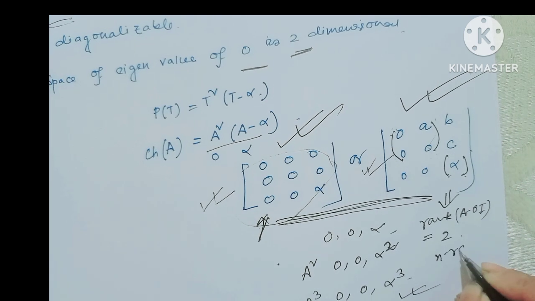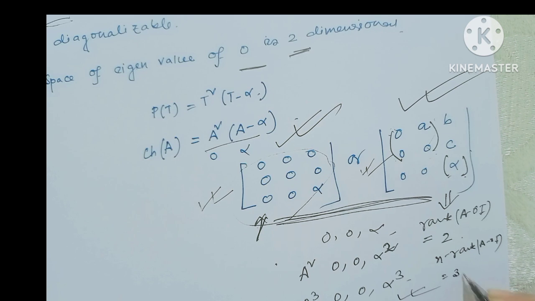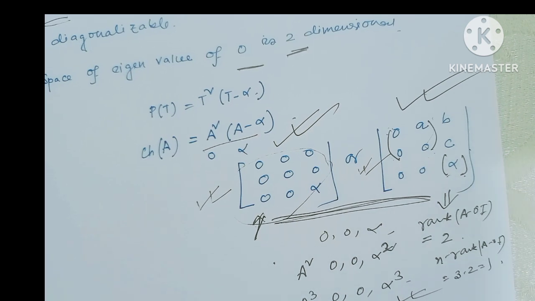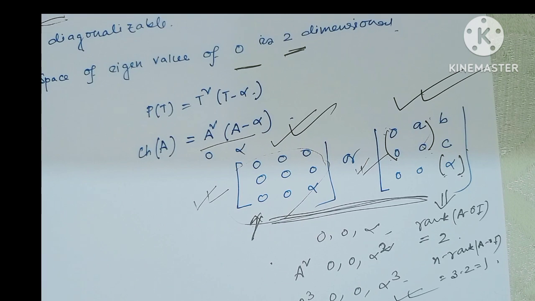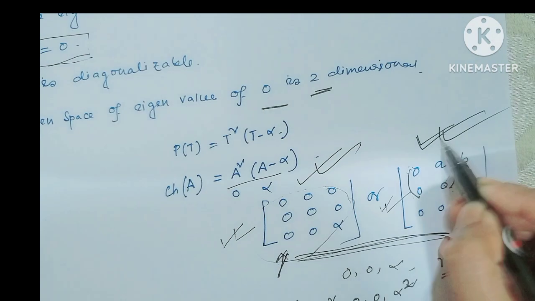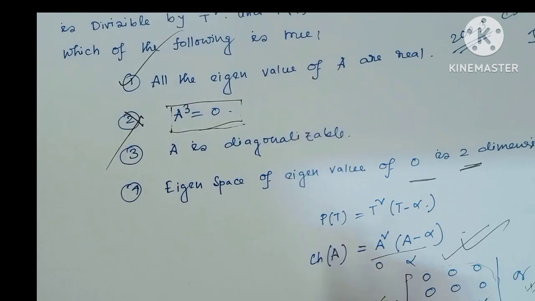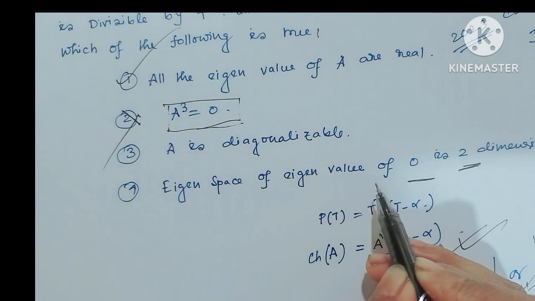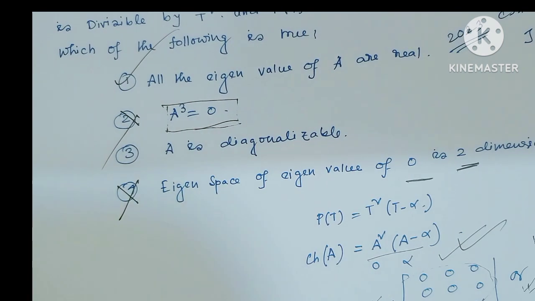So n minus rank of A minus 0 I is 3 minus 2, which means 1. So here the geometric multiplicity is 1 for this type of matrix, and this breaks option 4. Eigenspace of 0 is two dimensional is the wrong option.